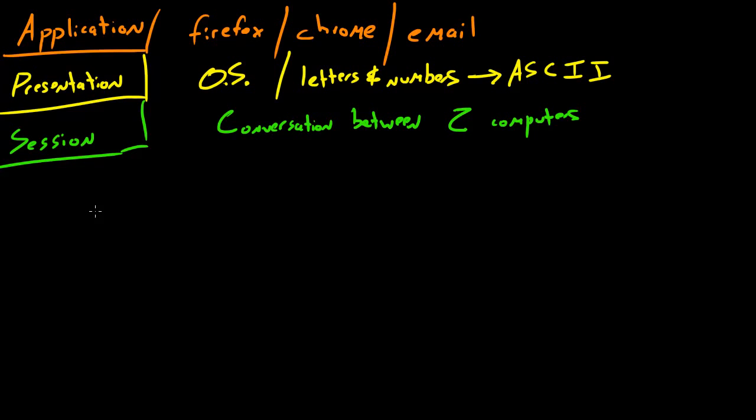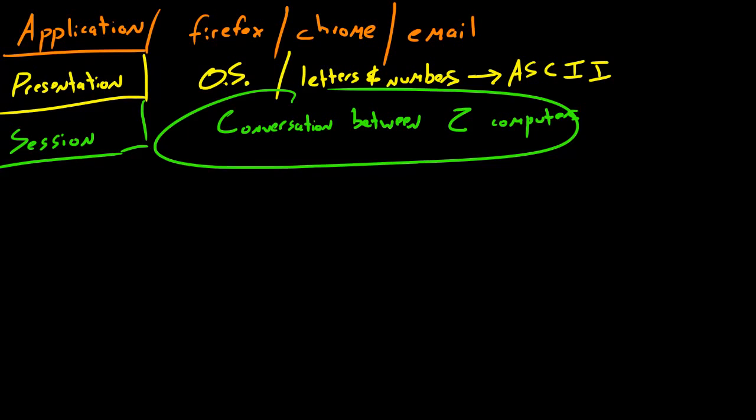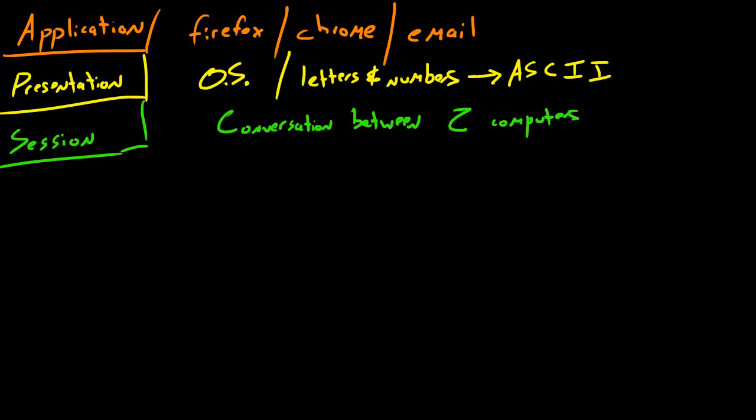And if something disrupted your communication, it would try to reestablish the link so you guys could still communicate. And whenever it was done, this is the layer that is responsible for ending the conversation. So a session is basically like a conversation or communication between two computers, and this is responsible for pretty much starting, ending, and maintaining that conversation.